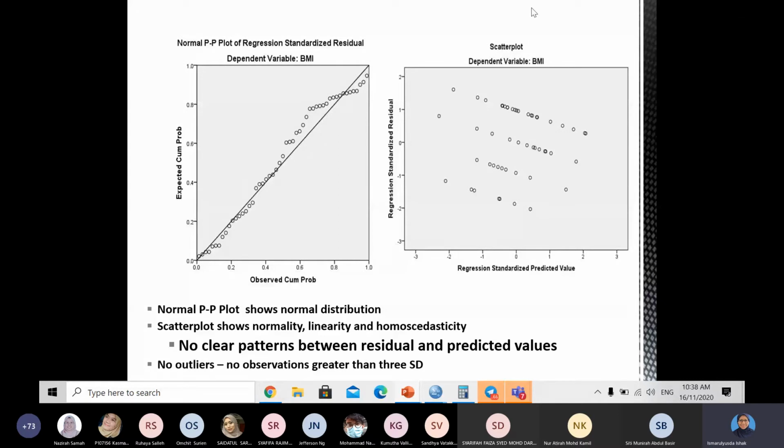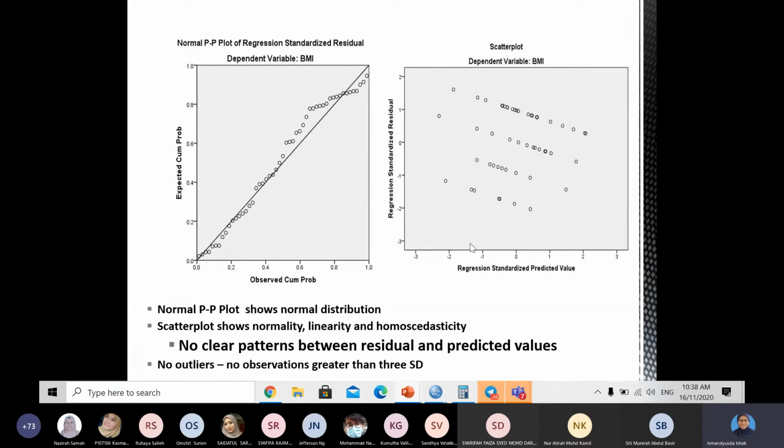While for the scatter plot, it shows the residuals and the predicted values. It is scattered all around, with no clear pattern. So this is showing normality, linearity, and homoscedasticity.